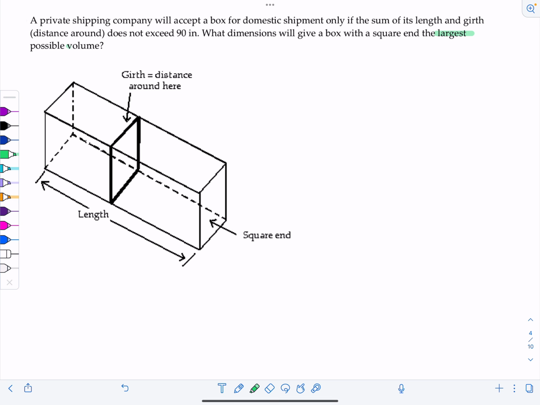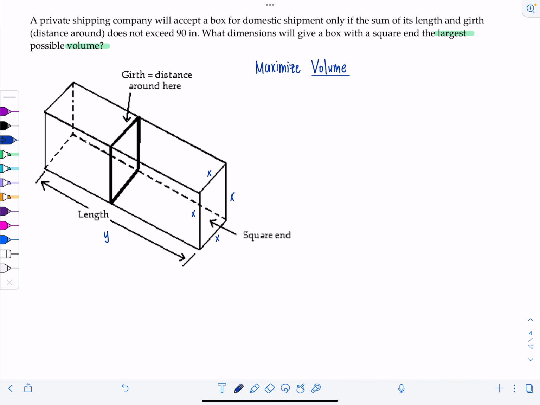Largest volume. So we want to maximize volume. That means I need to come up with the formula for the volume of this thing. Okay, again, rectangular solid. They already told me this is a square end, so this is x. The length, what should we call it? Not L, people. Pick something nice and easy like y, x and y. When you get too fancy with your variables, it just makes the problem harder.